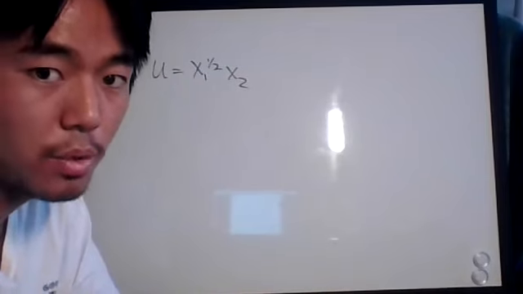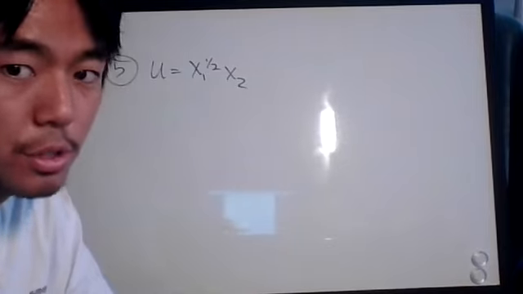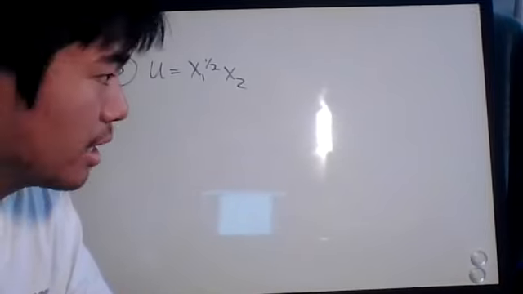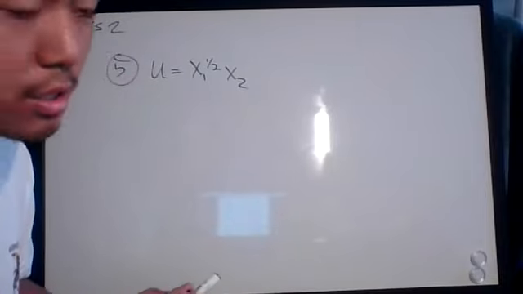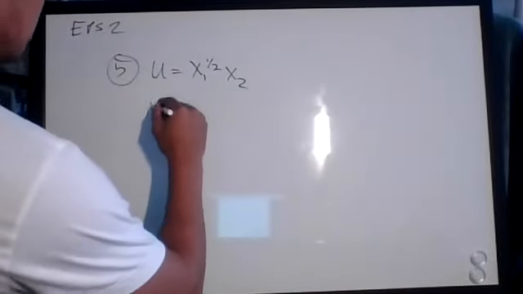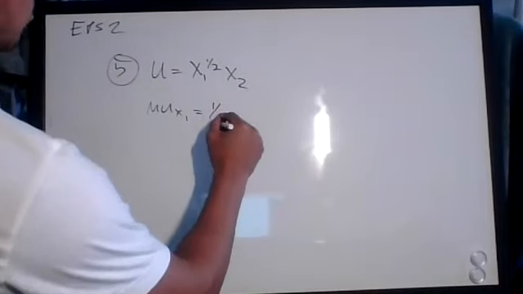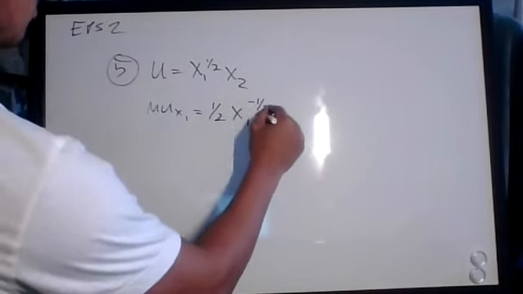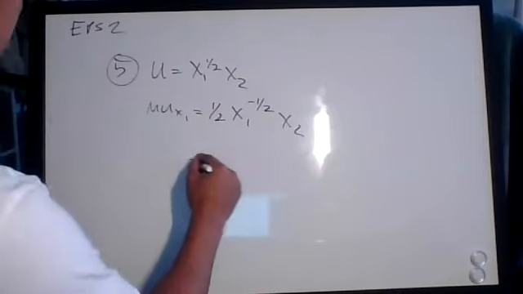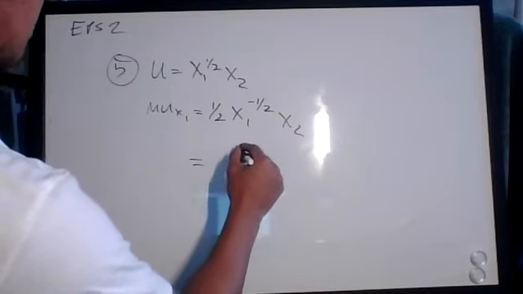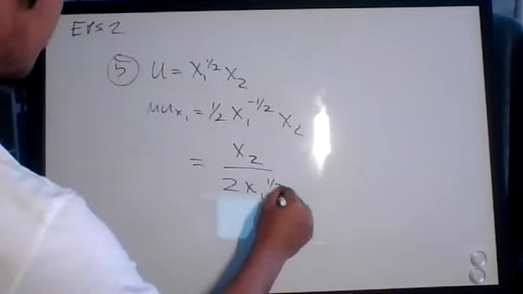We can look at our marginal utility of x1, and if there's an x2 term, if we raise it, we want to see how that affects the marginal utility function. So marginal utility of x1, and this is just good practice for derivatives, is 1/2 x1 to the negative 1/2 x2, and this is all equal to x2 over 2x1 to the 1/2.